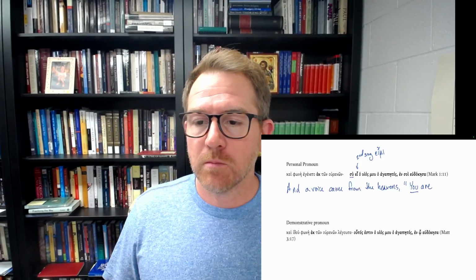So you are, so we have an emphatic pronoun. You are, and we get, of course, because it's the intransitive eimi, a predicate nominative, the son of me. You are my son.